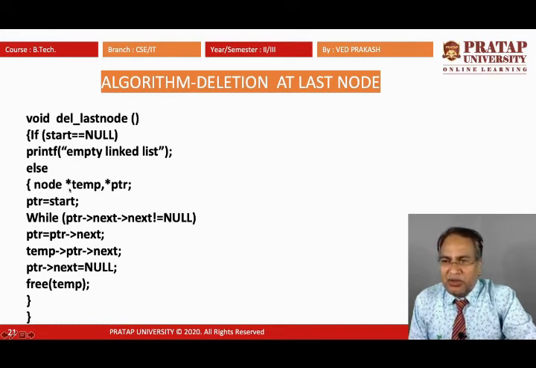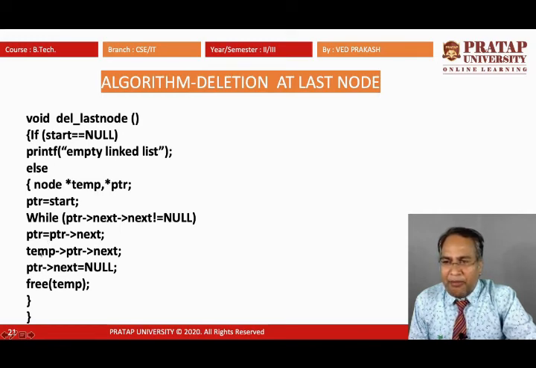we basically use two pointers, first the temp pointer and next the PTR pointer. The temp pointer is used to temporarily hold the node. When we start the process, first we set PTR to the start pointer, and after that we check the null condition. While PTR next is not equal to null, we proceed: temp is set to PTR, and PTR is moved to PTR next.